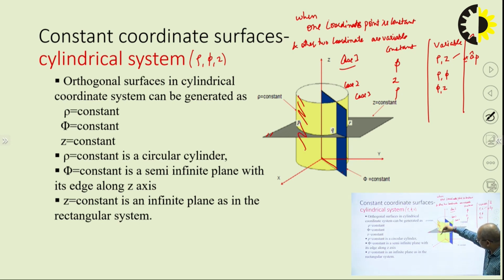This type of figure, a cylinder of fixed radius. Clear? In that case, the unit vector will be in the direction of what? A cap rho, in this direction. Clear? Or this can be plus or minus A cap z.